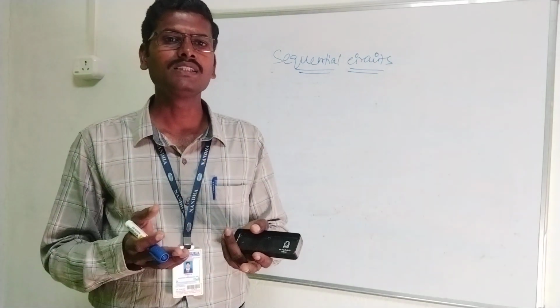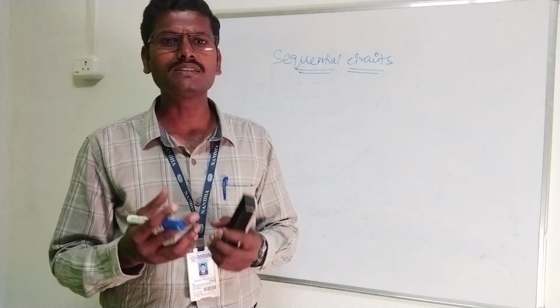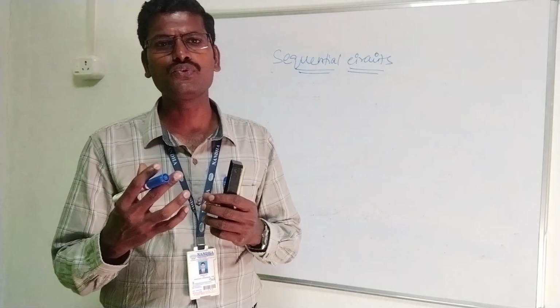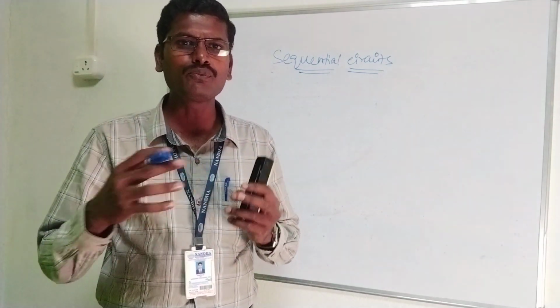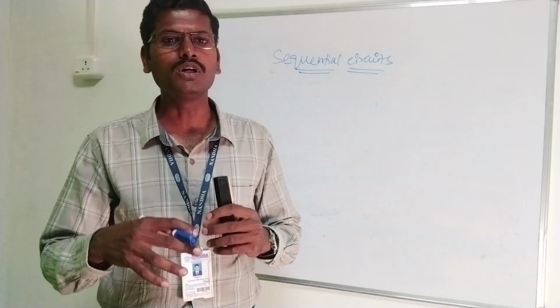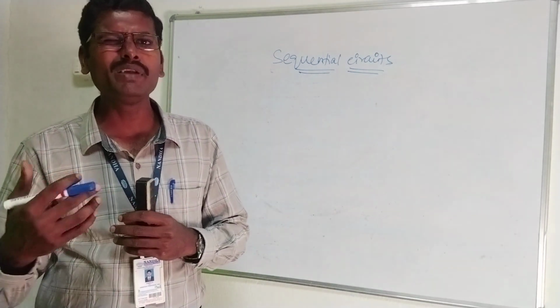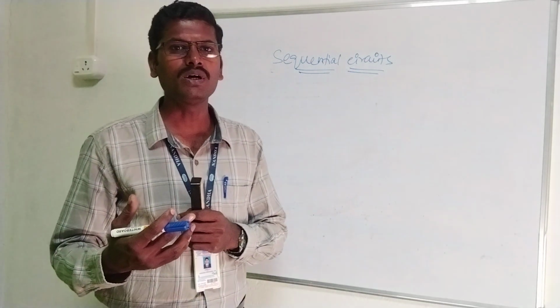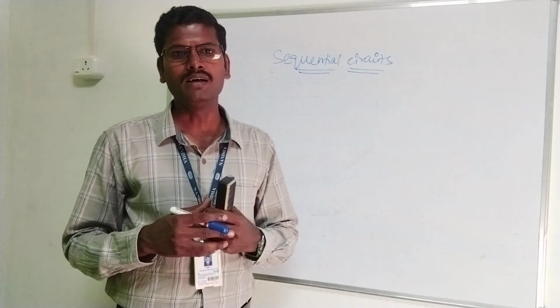But real-world applications need some storage of previous inputs or previous outputs to work with the present inputs and outputs. So we need some previous data or history of values to work with the present data.